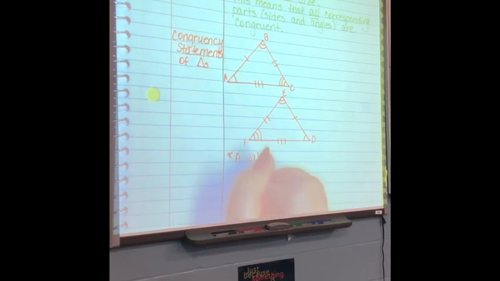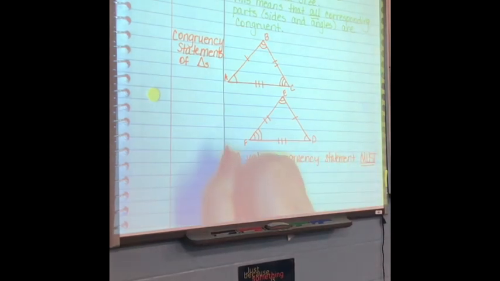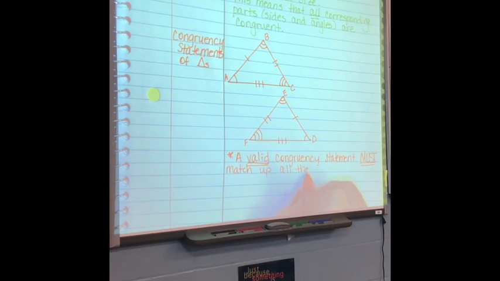A valid congruency statement must match up all the corresponding parts.